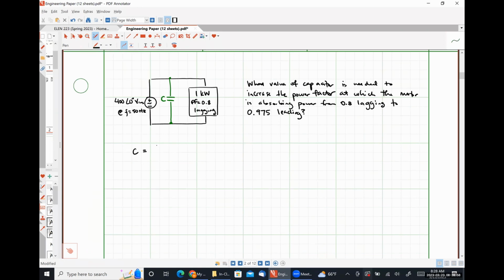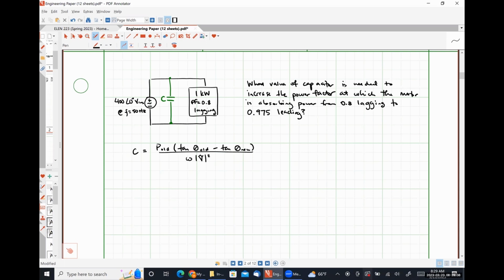We can say that C is equal to P old times the tangent of theta old minus the tangent of theta new, divided by omega times the magnitude of the voltage drop across the capacitor squared, right? So we need what looks to me like 5 pieces of information. We need P old, we need theta old, we need theta new, we need omega, and we need the voltage drop across the capacitor.